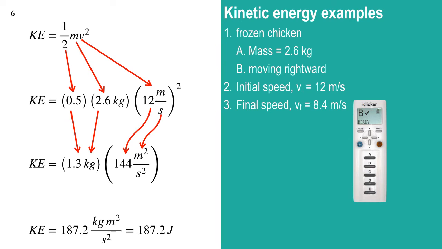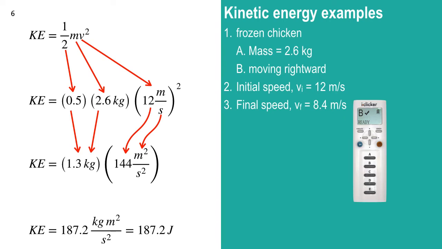Okay, go ahead and calculate the kinetic energy for the final speed, 8.4 meters per second, and then type in your number to the nearest tenth of a joule. Just like this example, to the nearest tenth of a joule.